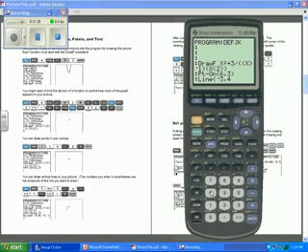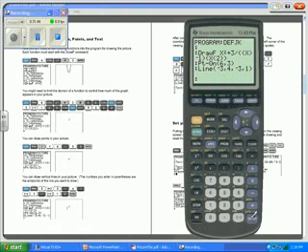Negative 3, comma, 4, comma, negative 3, comma, 1. Close your parentheses. Hit enter so you get your next command colon. Okay, let me tell you what these are. These first 2 numbers represent the starting point of your line.